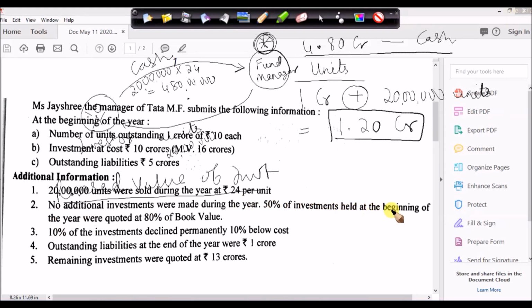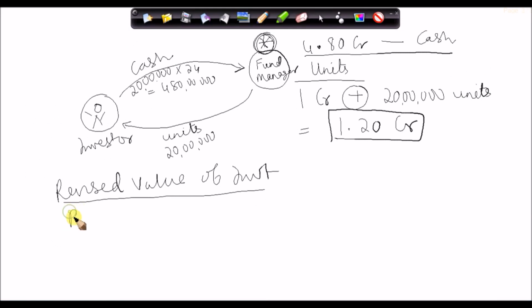Remember, this is 80% of the book value. We had a total book value of 10 crore of investments.